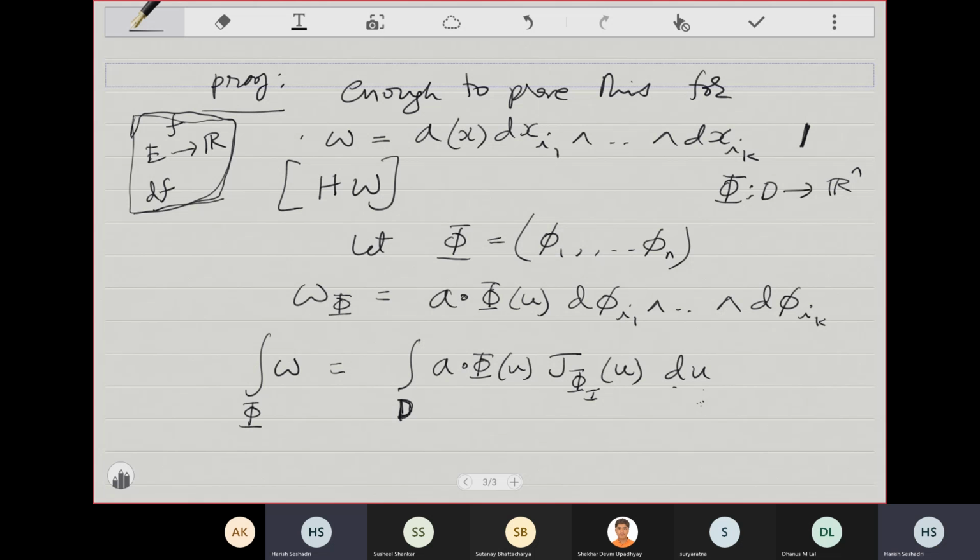If you recall, we first started by integrating continuous functions on cubes, or rather k cells. Then we said that we could actually use this to define integrals on k simplexes as well.